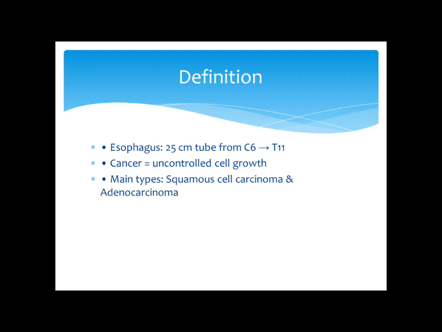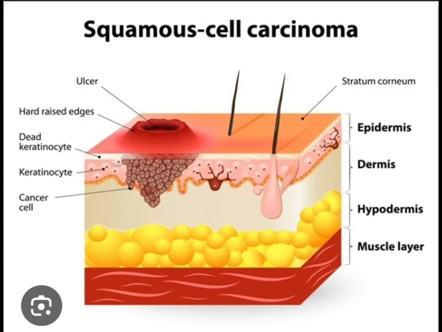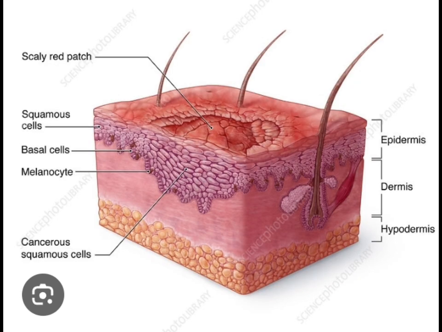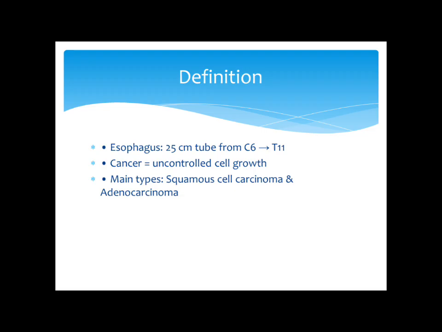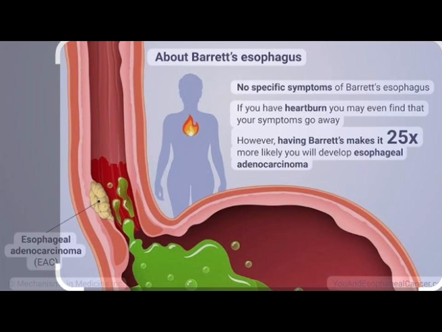Esophageal cancer has two main histologic types: esophageal squamous cell carcinoma, which arises from squamous epithelium and is common in the esophageal cancer belts, and esophageal adenocarcinoma, which arises from glandular metaplasia caused by Barrett's esophagus and is more common in Western countries.